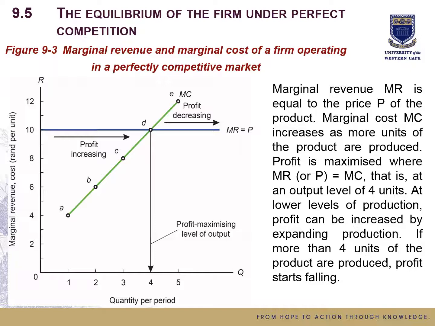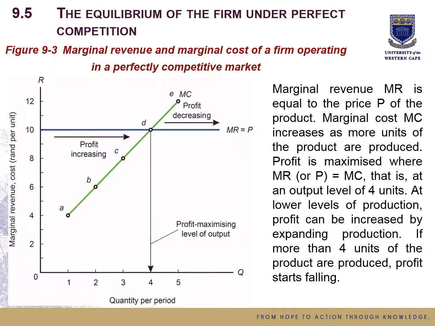Therefore, looking at points A, B, C, we can see that the firm can increase its profits by increasing production, as shown in column 7. When the firm produces 4 units, the marginal cost is equal to 10 Rand and the marginal revenue is equal to 10 Rand. Then profits are maximized.